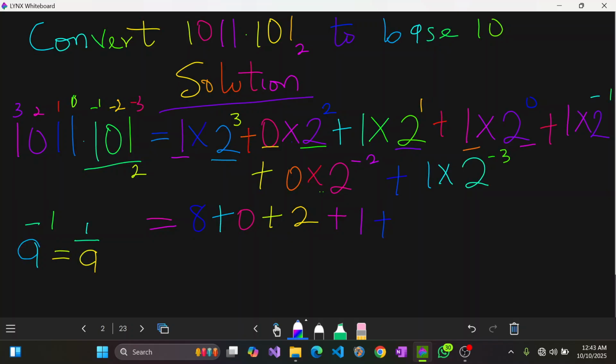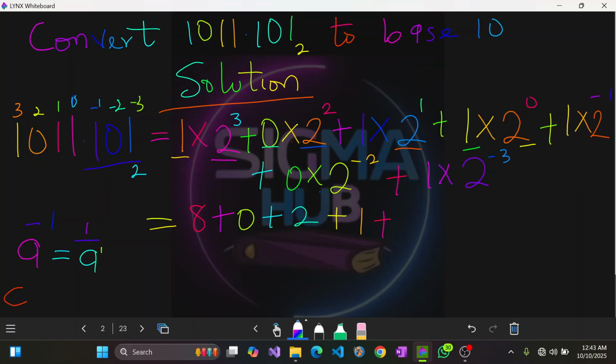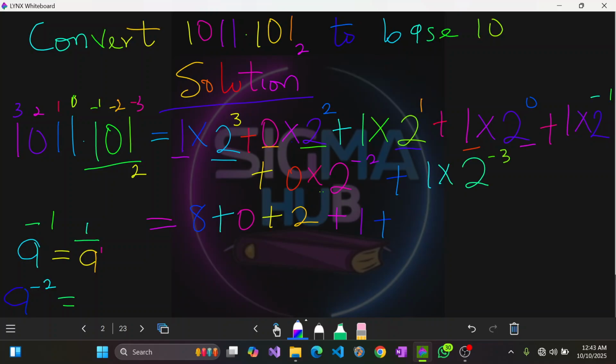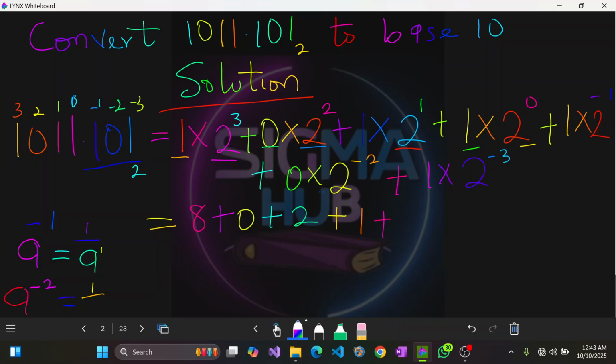If it is a raised to the power of -2, the negative power signifies 1 over, so we have 1 over a raised to the power of 2. And that's how you progress for others.